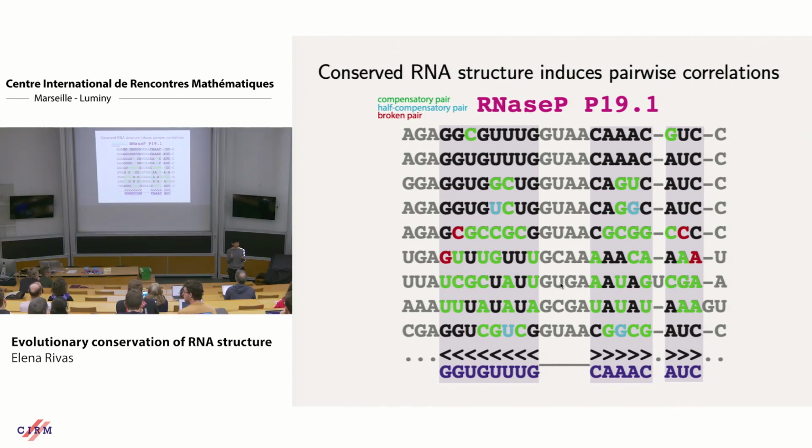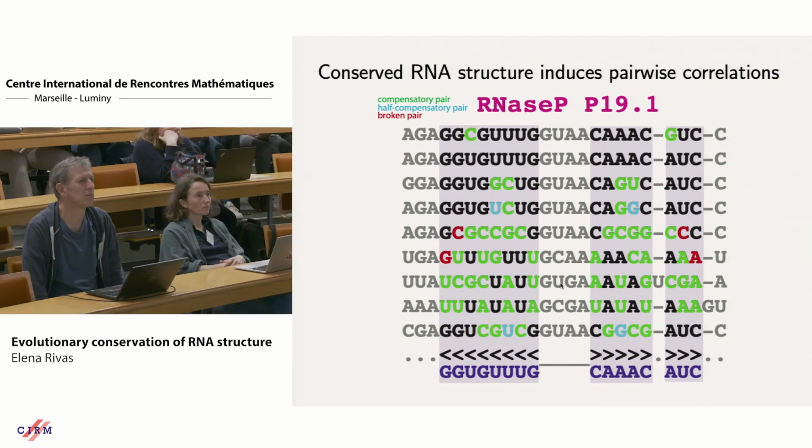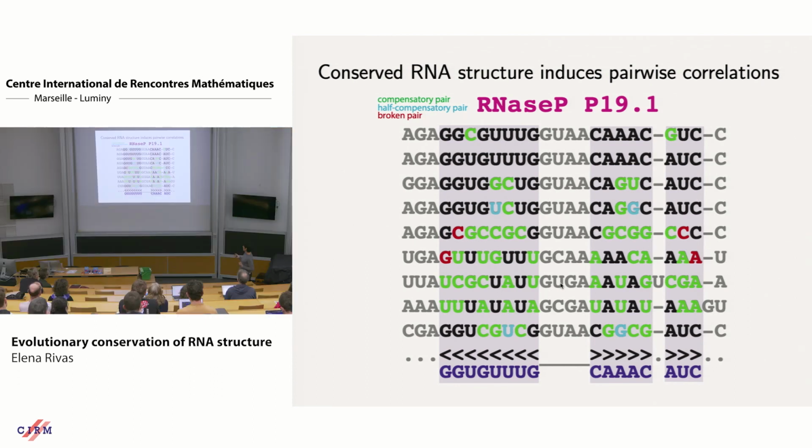Both residues have changed, but in a way that preserves the base pair. Watson-Crick base pairs are typically AU, CG, and GU, with some other exceptions. You also have cases like this one over here, in which you have a base pair that is somewhat unfavorable. That also happens. But overall, you see a picture of variation that preserves the structure.